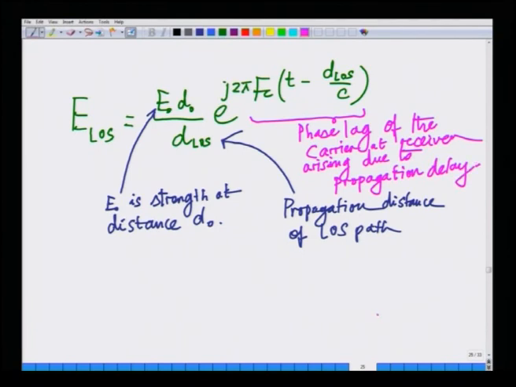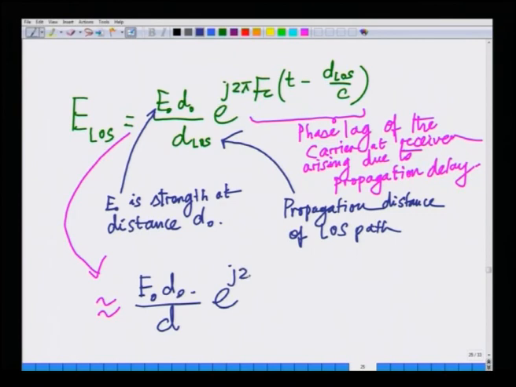Now, I am going to use an approximation. I am going to set this d LOS in the denominator as approximately equal to D. Hence, this is approximately E naught d naught divided by D times e to the power j 2 pi f c (t minus d LOS by c), where I have approximated d LOS, the line of sight distance, for the signal strength by D, because the major effect of the propagation distance is in the phase factor.